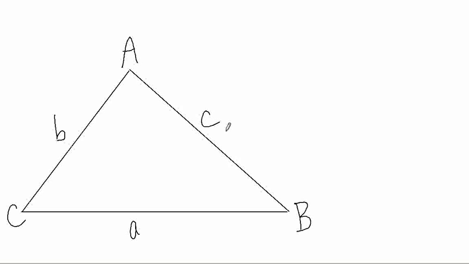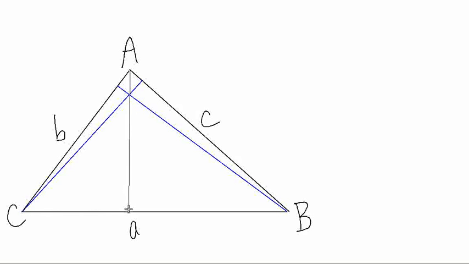All right, so I'm also going to draw all three altitudes of this triangle. Remember that altitudes are line segments perpendicular to a side of the triangle, and they have endpoints.